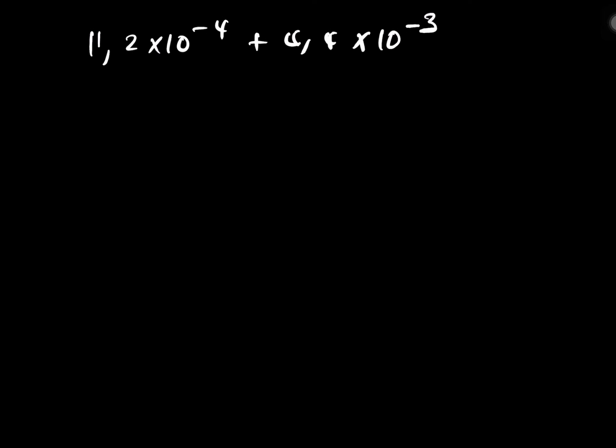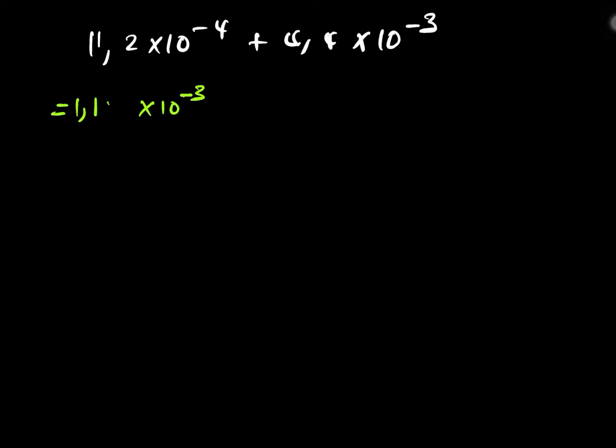Pay attention now. I'm going to check the highest power here. The highest power is negative 3. Therefore, I must keep that one and convert the other to be of negative 3. So you multiply by 10 to the power negative 3. But pay attention, you're adding 1 to the power. That means you must move the decimal to the left of that number.